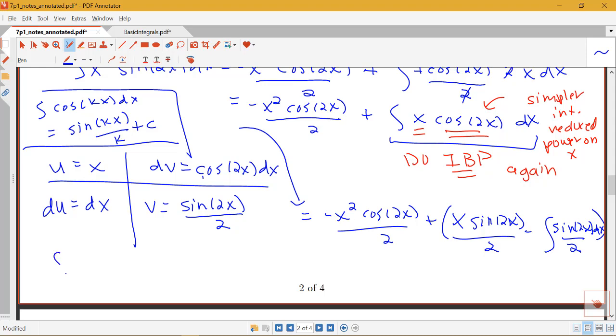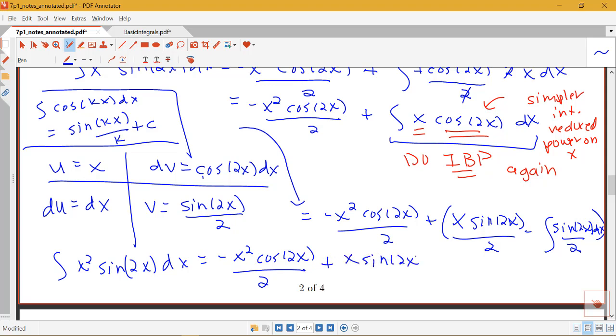So let me just rewrite the problem that we're solving. We are trying to find the integral of x squared sine 2x dx. So that's equal to this negative x squared cosine 2x over 2 plus this x sine 2x over 2. Then I have this minus 1/2, if I pull that 1/2 constant out in front, and then I'm just integrating sine of 2x.